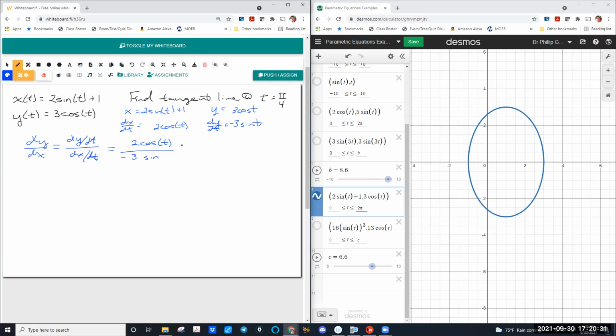So now we're doing this at t equals pi over 4. So we're going to plug pi over 4 in for t. So we got 2 times rad 2 over 2 over negative 3 over, oh my goodness.